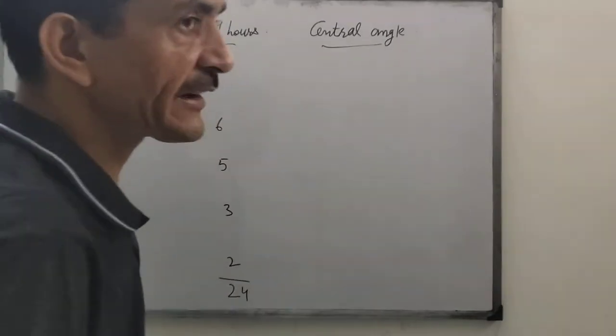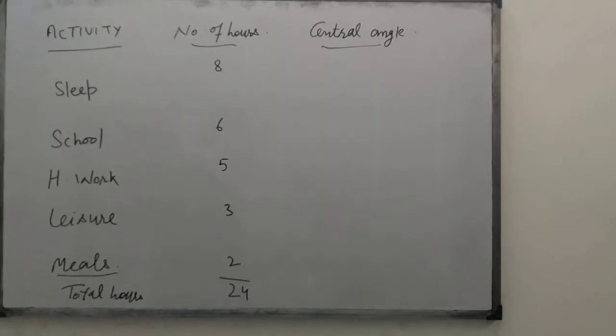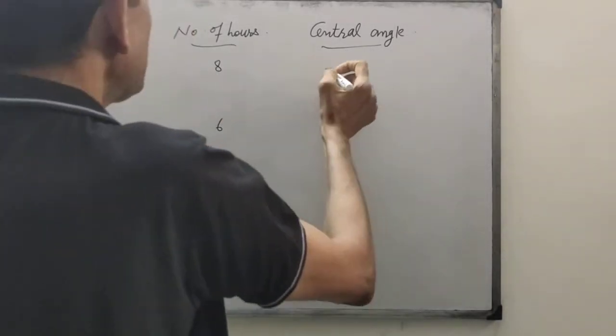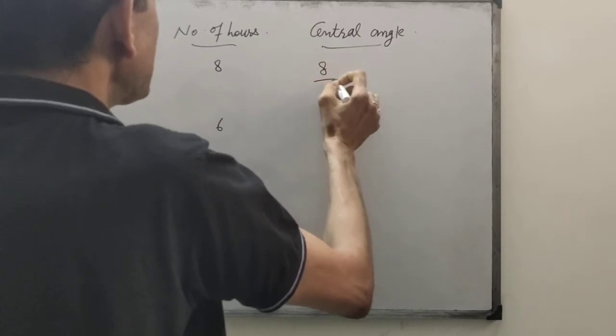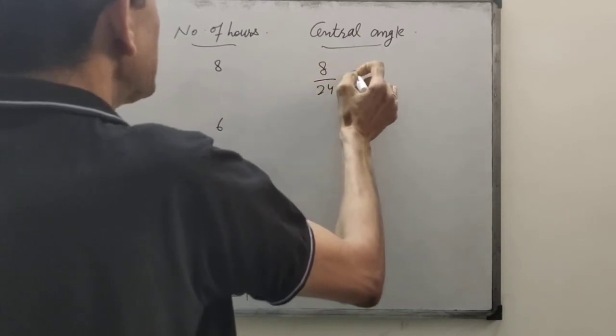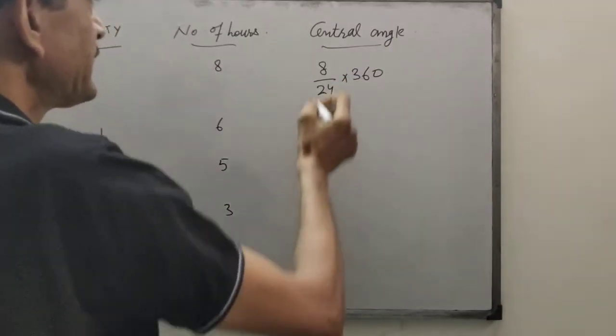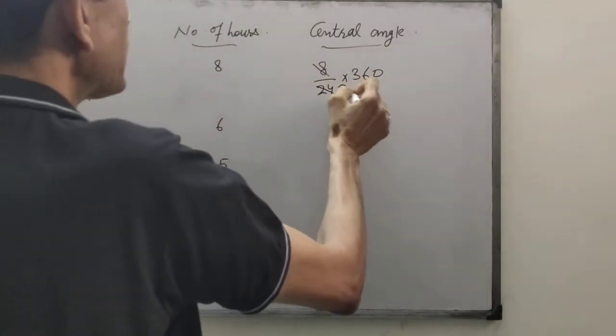Now find the central angle. Out of 24, the number of hours used for sleep is 8. Then out of 360, how many? 8 threes are 24, 3 twelves are 36.